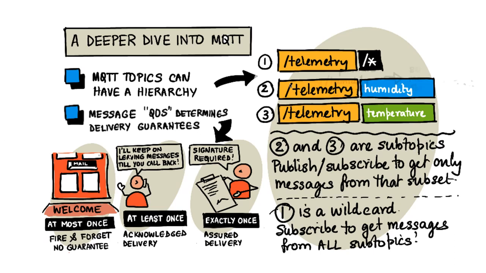And so that would send it on a subtopic. I could then subscribe to either /telemetry/humidity or /telemetry/temperature, and that way I would get just the specific messages, or I could subscribe to /telemetry/*. I could use a wildcard, and that way I would get all the messages from all the subtopics. So anything that gets published to /telemetry, I would receive.